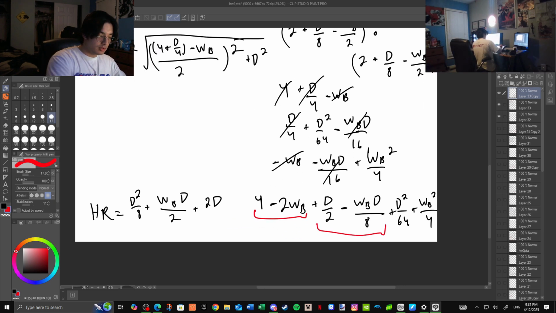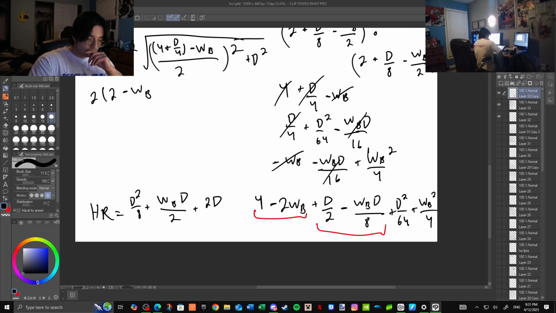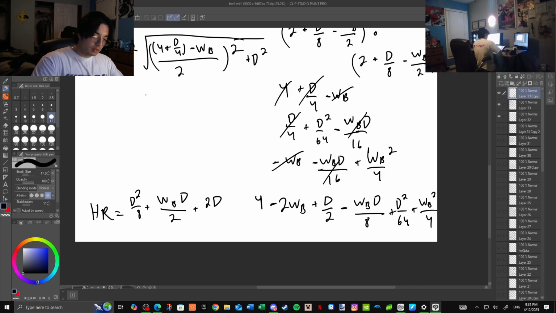So 4 minus 2WB would be 2 times the quantity 2 minus WB. Actually, no, we'll try to combine these terms now, at least some of them.